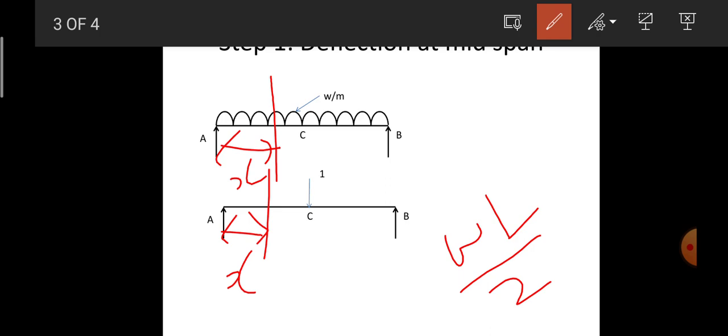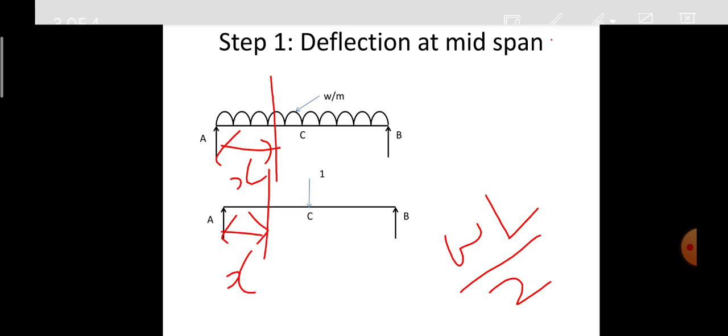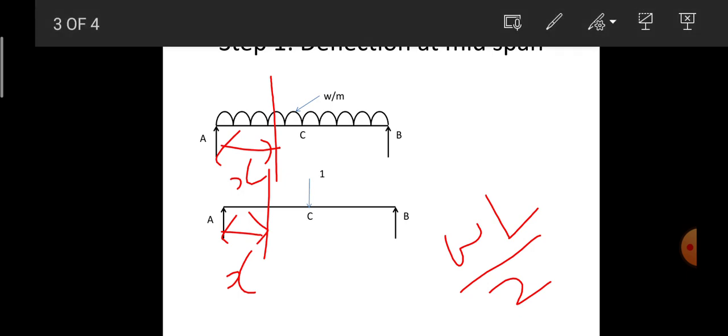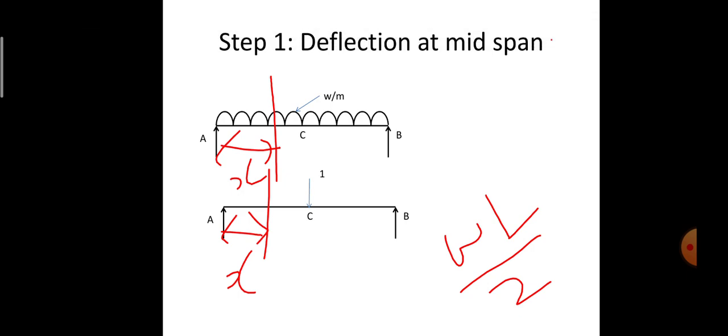Due to the symmetry, it will be exactly half of the total value. Therefore VA and VB are equal to W into L by 2. For this I need to determine the value of the moment.